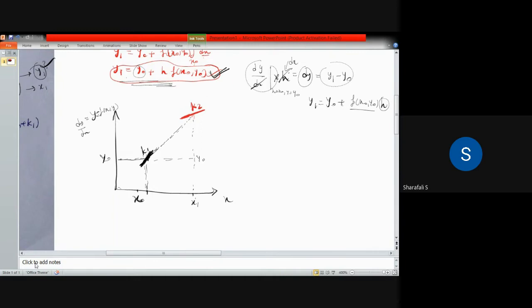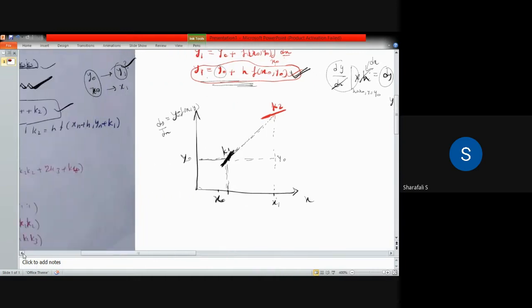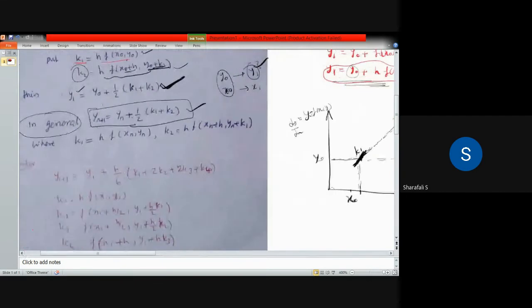So what is k2? You can see here, k2 is this quantity at x0 plus h, y0 plus k1. What is my slope? So that is f of x0 plus h, comma y0 plus k1.